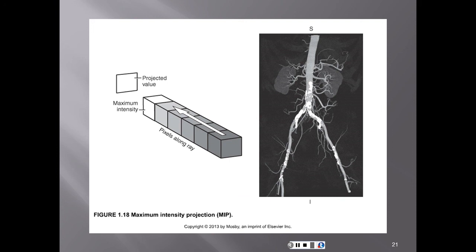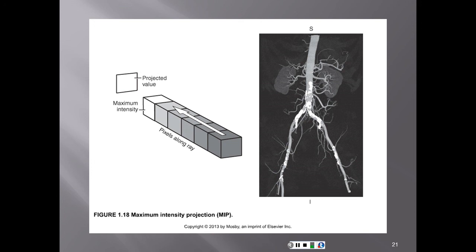Maximum intensity projection, that's what this image is depicting. So pretty much what this image is saying is that as a ray goes through an anatomic body part, as you make that digital cube of information from a volume of anatomy taken from a patient, okay, so you have a digital cube of information. A ray is looking at all of the pixels or voxels on one particular level of the cube.